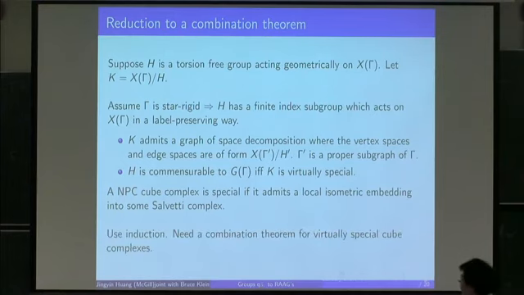But basically, we can use induction, and we need a combination theorem for virtually special cube complexes. The statement we need is that if we know all the vertex spaces and edge spaces are virtually special, then if you have a graph of cube complexes, this graph of cube complexes is also virtually special. So this is exactly the statement we need over here. So basically we have reduced to our combination theorem.